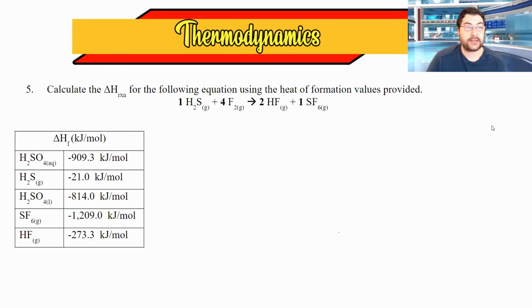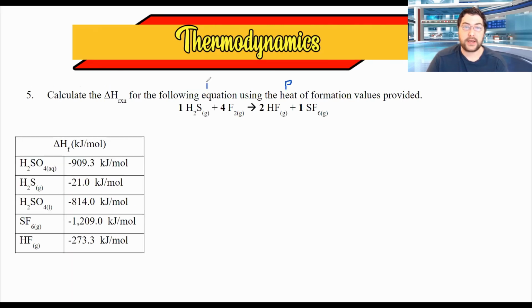Okay, let's look at this last one here, all right? Let's do this one together, just so we can speed things up a little bit. We've got our product side, we've got our reactant side, and we are trying to figure out what the heat of reaction is this time. So that's going to be products minus reactants. For the product side, we've got 1 mole of sulfur hexafluoride, which is right here.